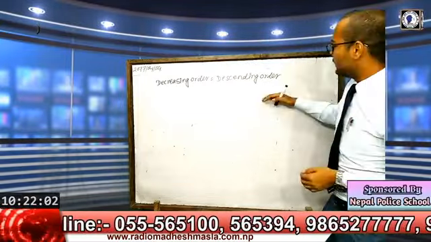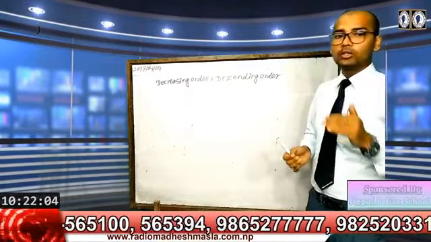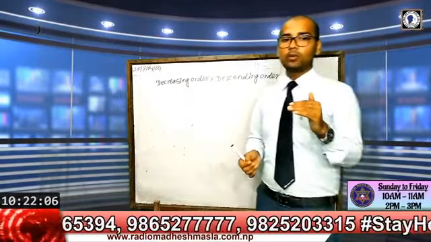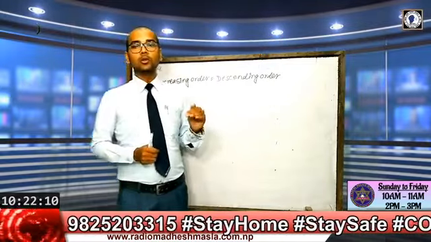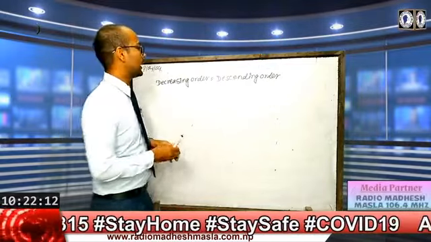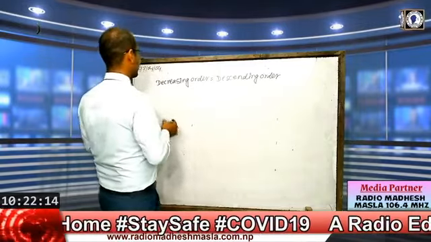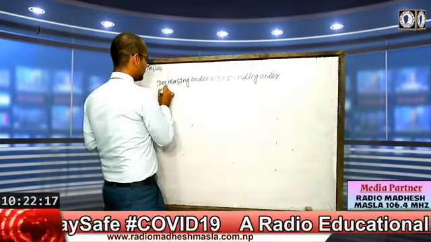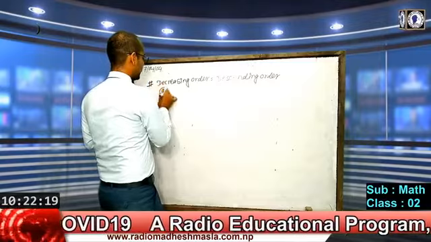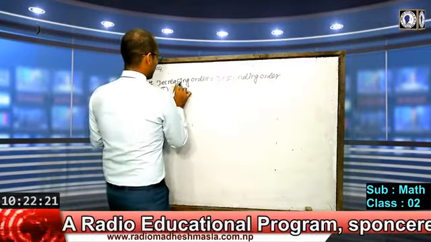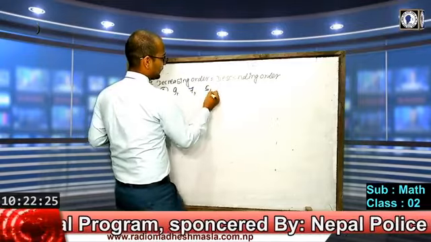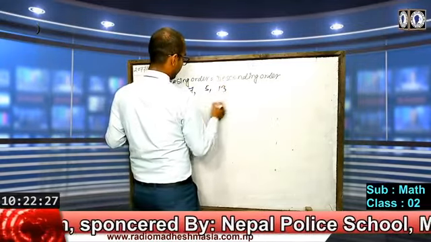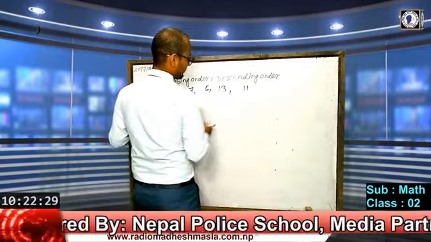But in this order we should write the numbers from greater to smaller. So suppose sometimes we are given questions, here question number A: 9, 7, 5, 13, 11.